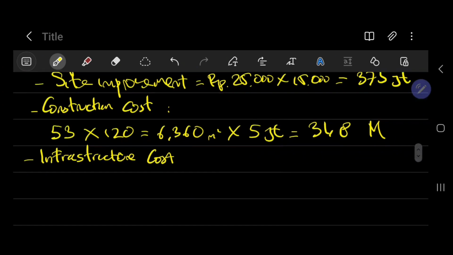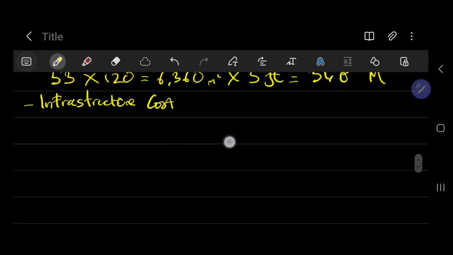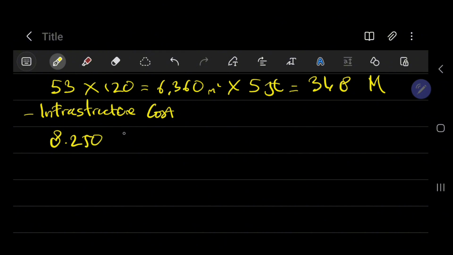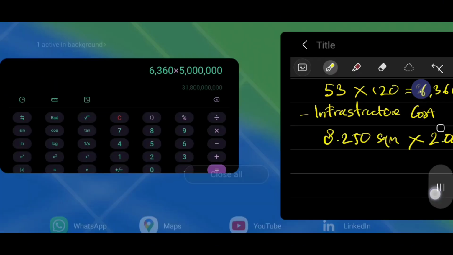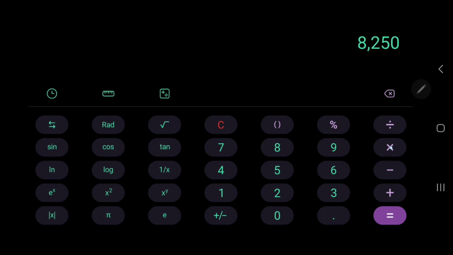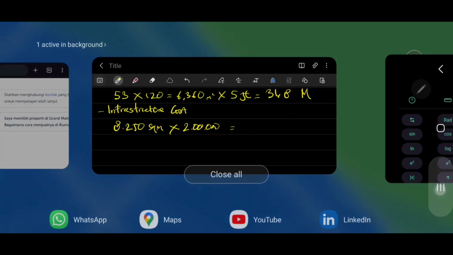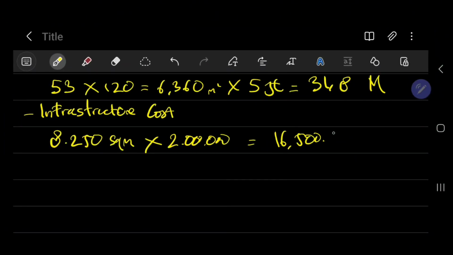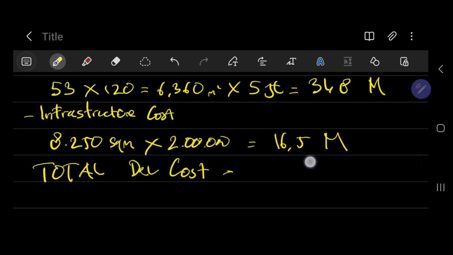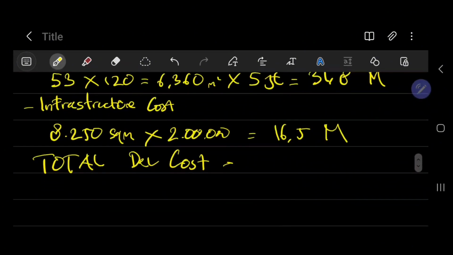Now for the infrastructure, I usually multiply 2 million by the total sellable area. That's for drainage and road pavement. It's the typical cost. Okay, so we got 16.5 billion.